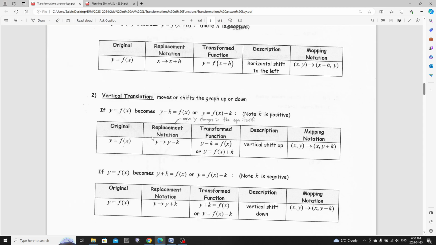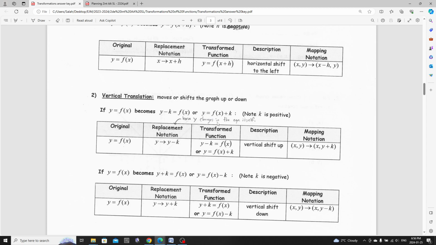Okay, so the way you represent shifts up or down is by adding or subtracting units, or a k value, to f of x. Okay, so you can either express that this way or you can express it that way.